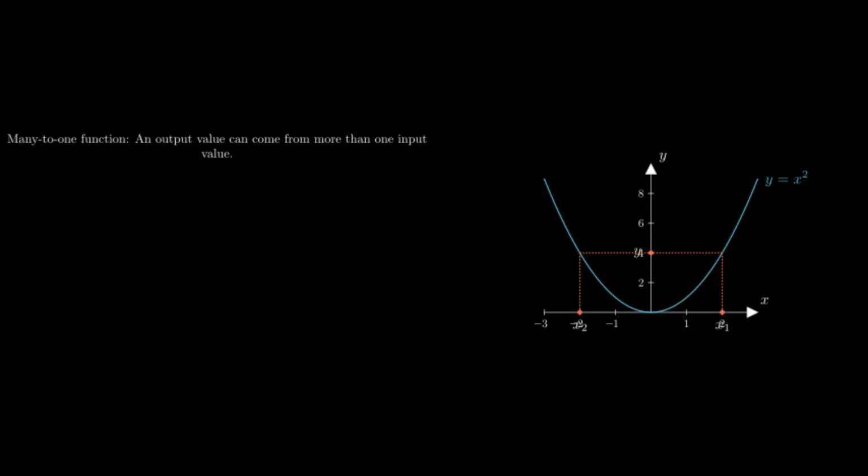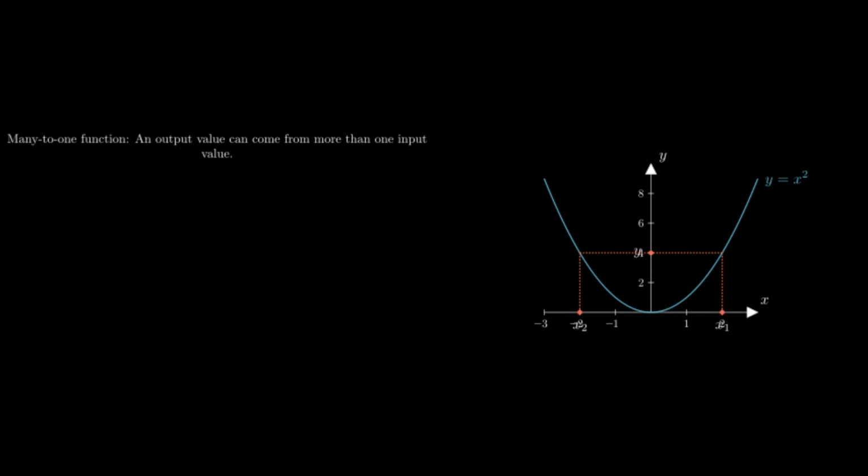So two different inputs, x = 2 and x = -2, both map to the same single output, y = 4. As you can see on the graph, a horizontal line can intersect the parabola at 2 points, x1 and x2, which share the same y value. This shows that multiple inputs are mapping to one output, making it a many-to-one function.